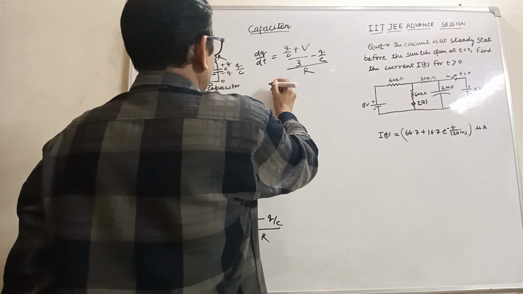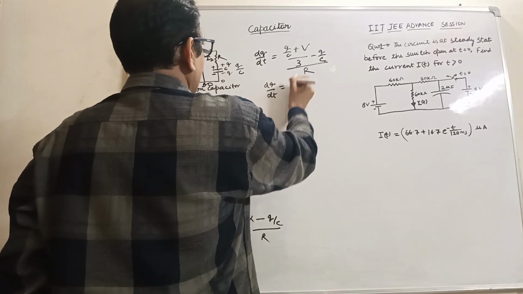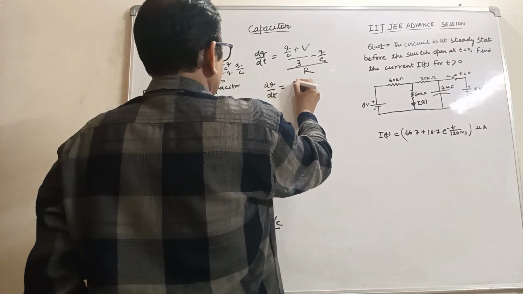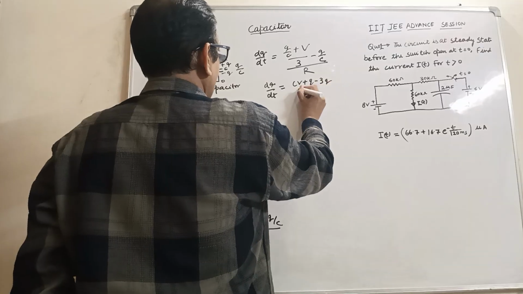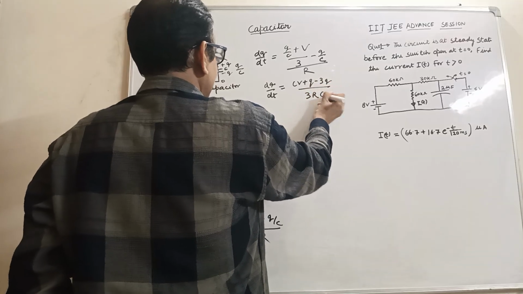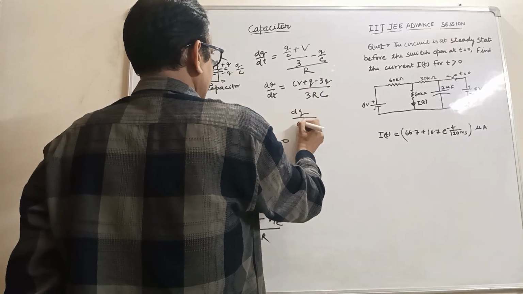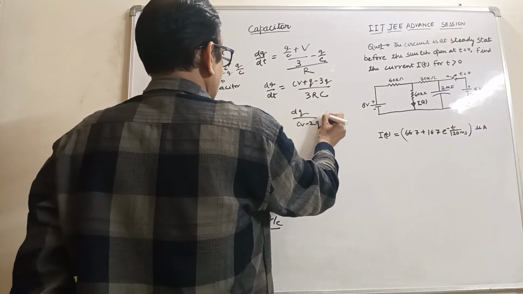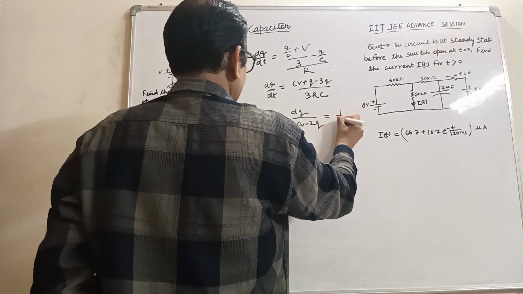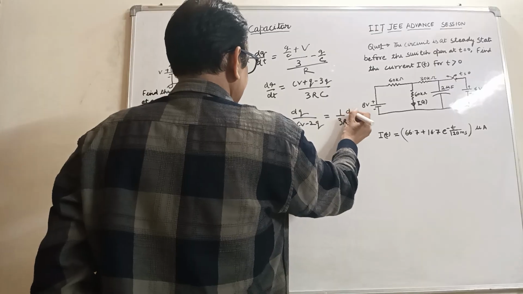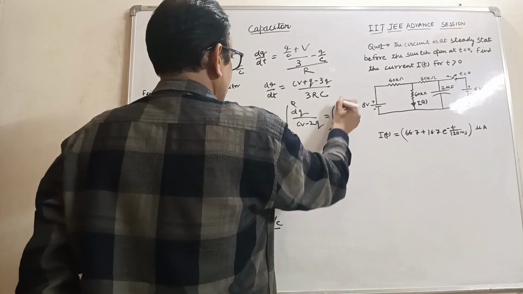So this becomes dq by dt equals (cV plus q minus 3q) by 3RC. So this becomes dq upon (cV minus 2q) equals dt upon 3RC. Integrate q from 0 to q, and t from 0 to t.